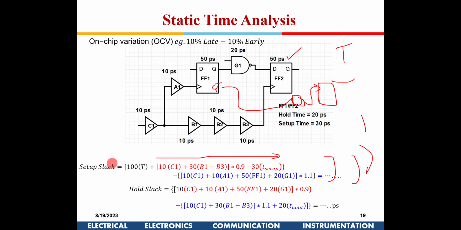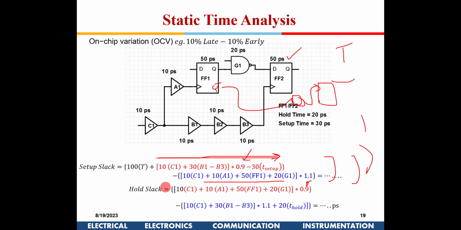So when we do the setup path, we will assume that the clock path is coming faster, and hence we will decrease the delay by 10%, which comes out to be 0.9. And the data we will slow for the worst case scenario, and hence we'll increase it by 1.1. The 1.1 will cater for the 10% condition.